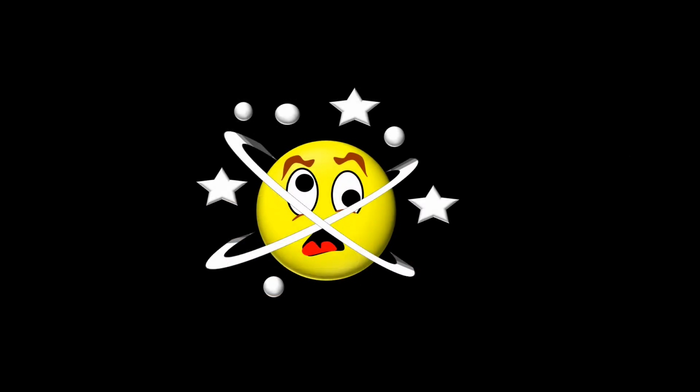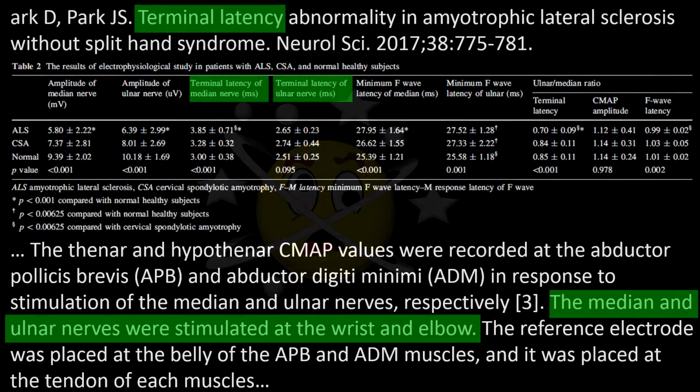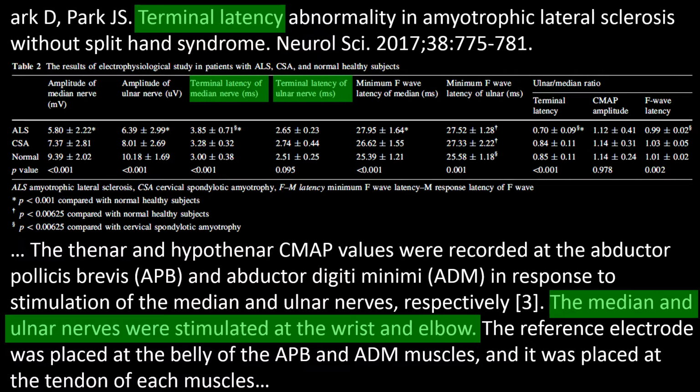But as is customary among neurophysiologists, the term has been used in different ways, as I explained at the beginning of this question. This article, when referring to terminal latency, refers to wrist stimulation, as we previously discussed.